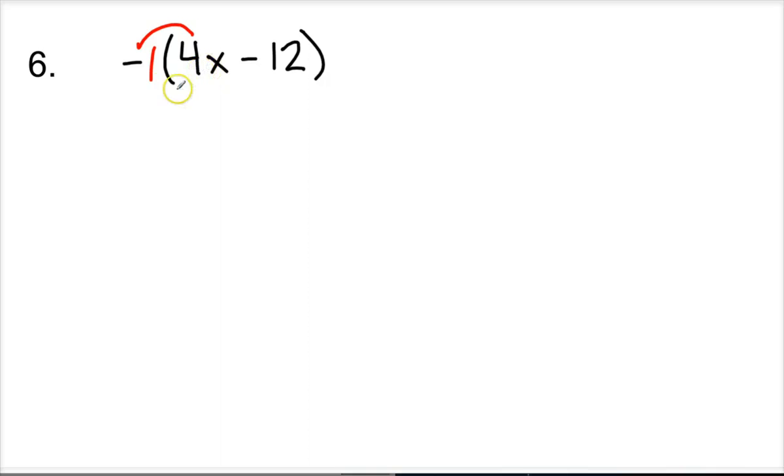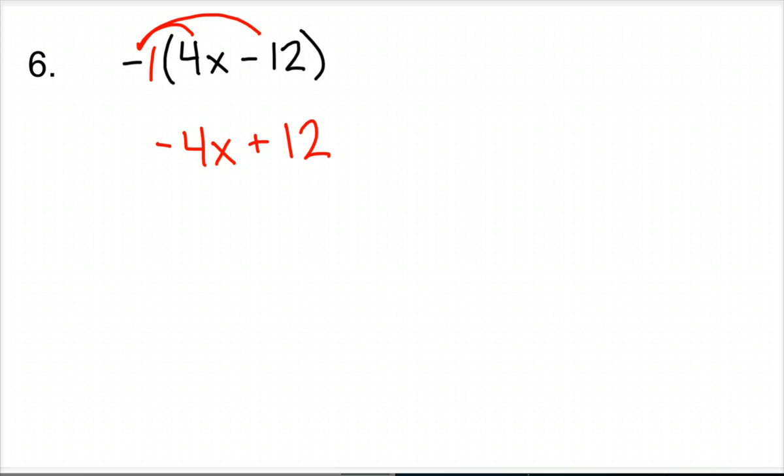Negative 1 times positive 4x would just become negative 4x. And then we're going to take negative 1 times negative 12. Here's where you need to be careful. A negative times a negative is a positive, so down here in the next step your sign is going to change. This is going to become positive 12. So your simplified expression would be negative 4x plus 12.